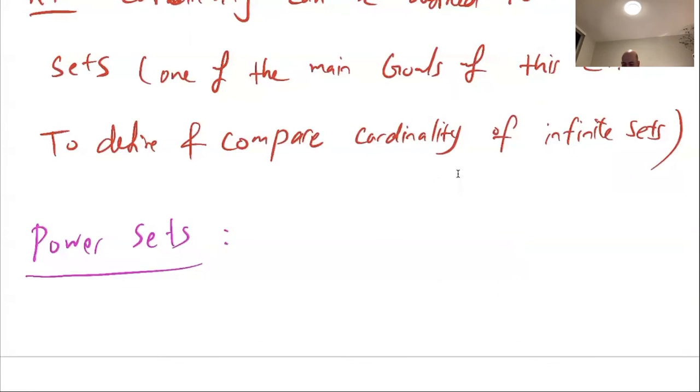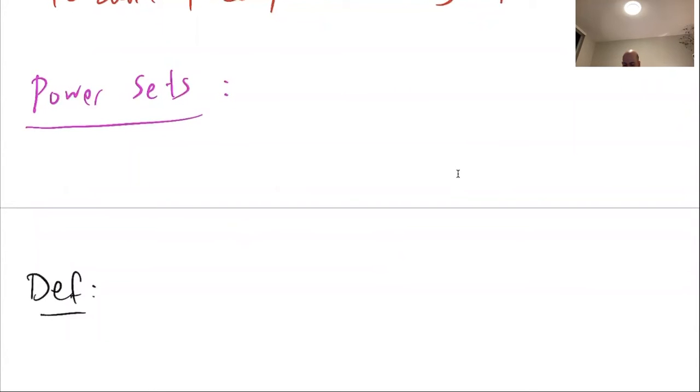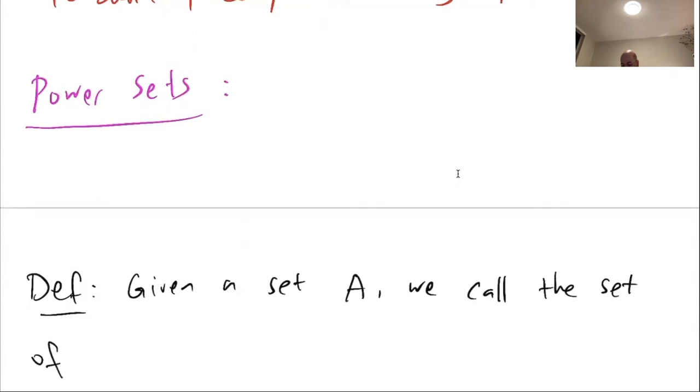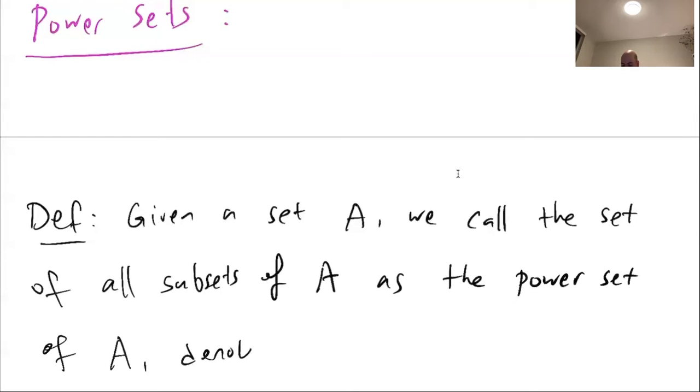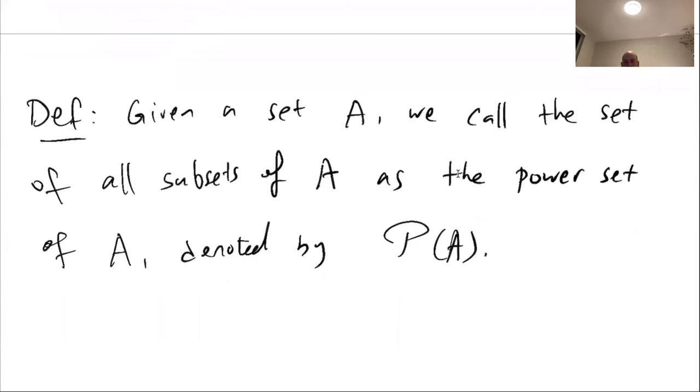Definition: given a set A, we call the set of all subsets of A the power set of A, denoted by P of A. So this curly P of A means the set of all subsets of A, and it's called the power set of A.